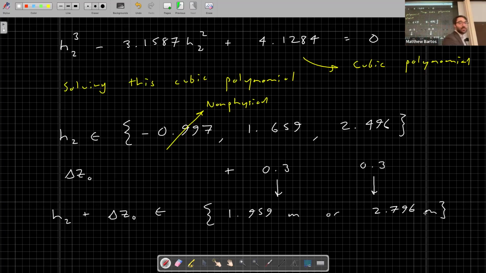So it turns out that H2 can be only one of these 2 for any given flow condition that you're encountering. Why might there be 2 alternative depths that the flow can take? Maybe think back to lab 4.